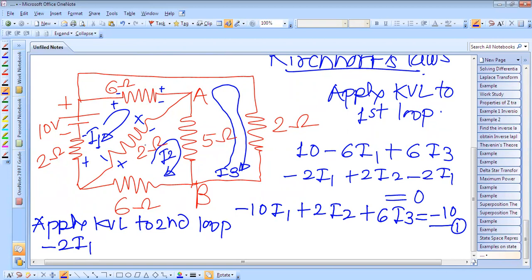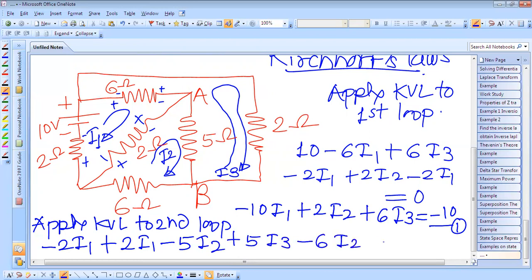But there is a rise in potential because of this current, therefore plus 2I1. Coming to this point, there is again a fall in potential because of this current I2. There is a rise in potential because of current I3. There is again a fall in potential because of current I2. And as there is no EMF source in this loop, it is equal to 0.